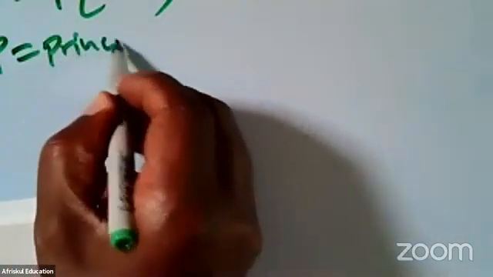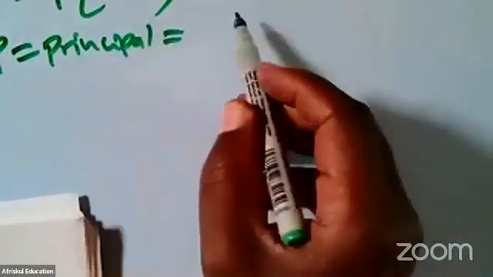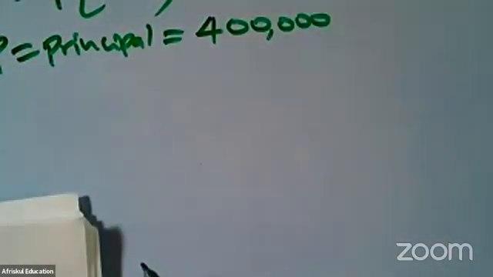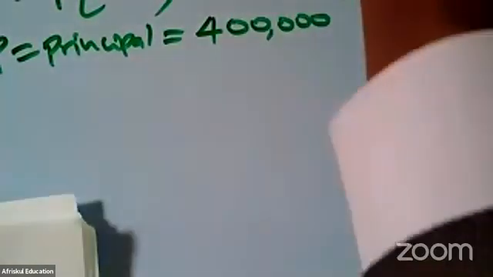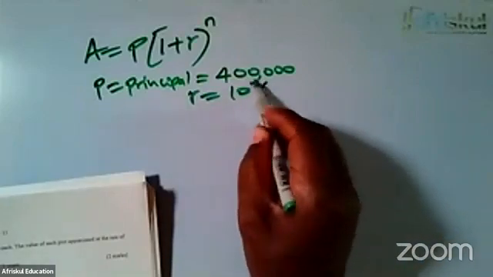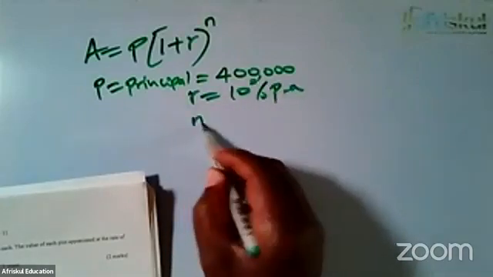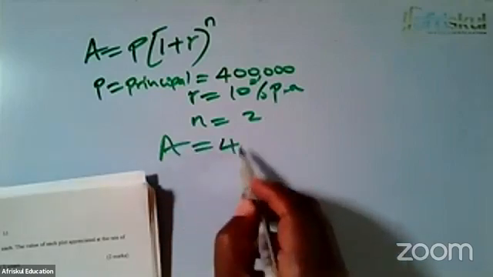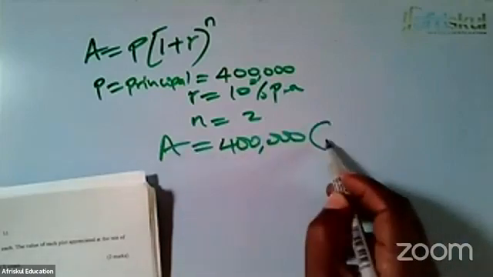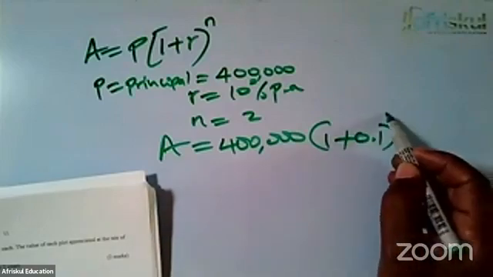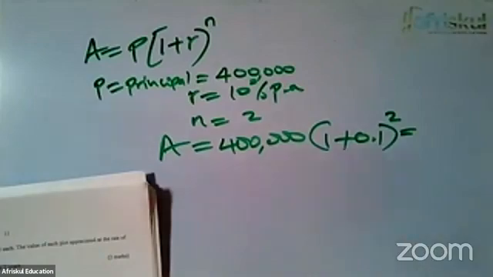Principal, in this case, will be the value of the land today, 400,000. And then we have r, the rate of growth, which is 10% per annum. And then we have n, which is 2 years. So amount will be equal to principal, 400,000, into 1 plus r of 0.1 raised to n of 2 years.